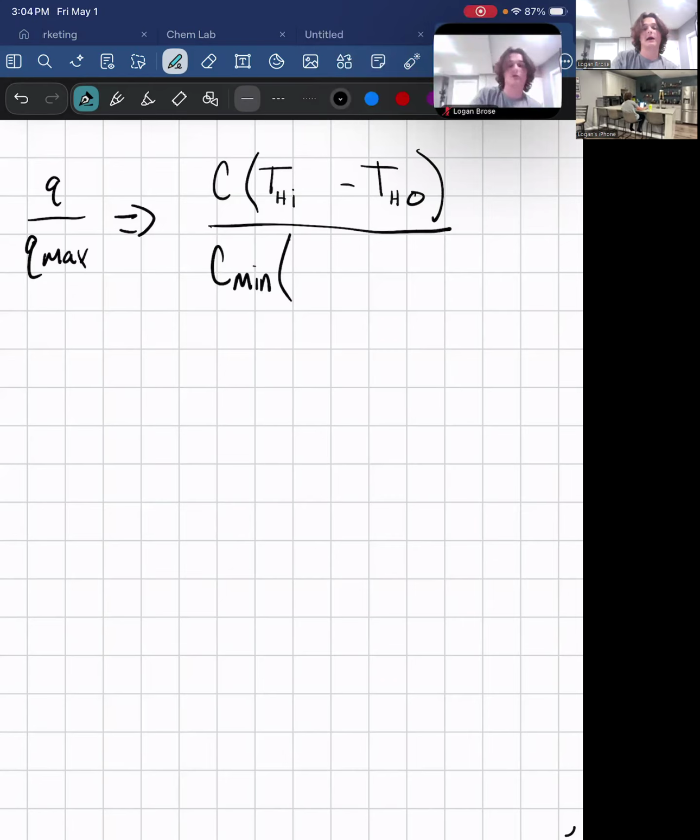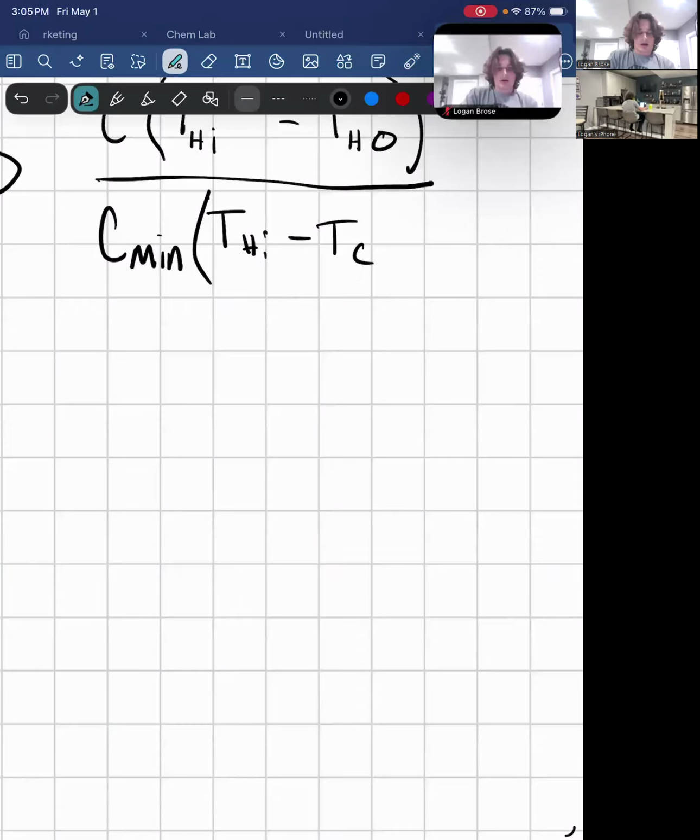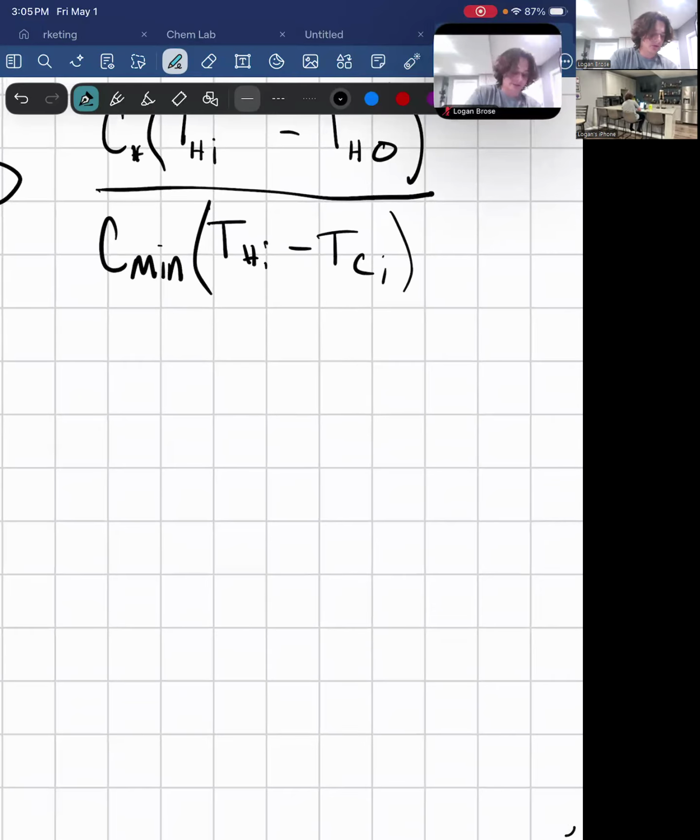That will then be multiplied by your T hot in minus your T cold in. And this is for your hot stream.